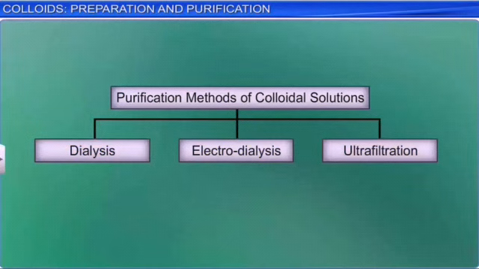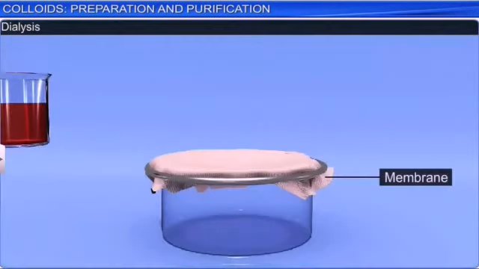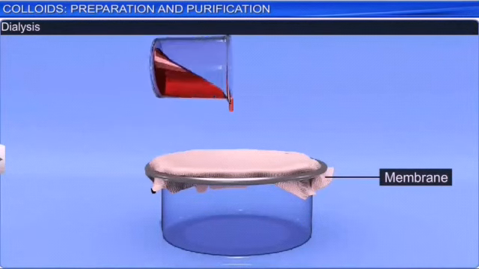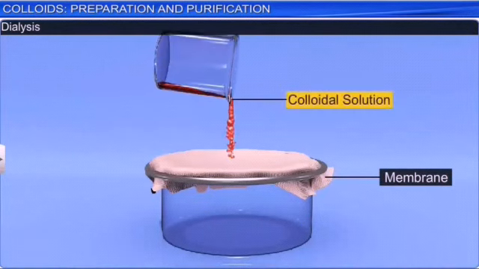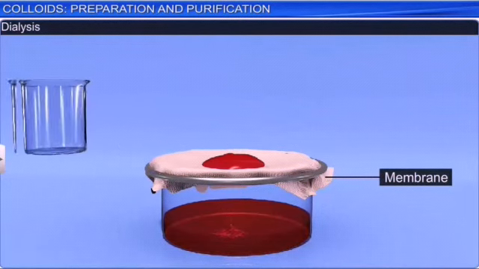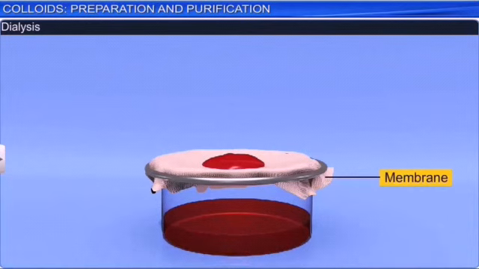First method is dialysis. Dialysis is defined as a process to remove the dissolved substance from a colloidal solution by means of diffusion through a suitable membrane.